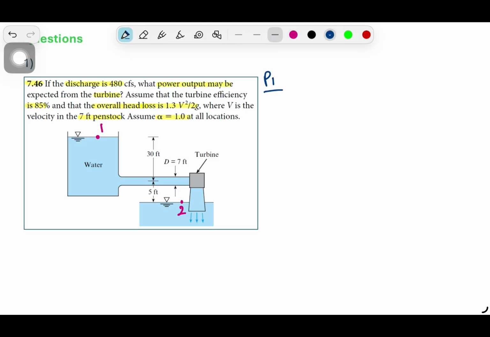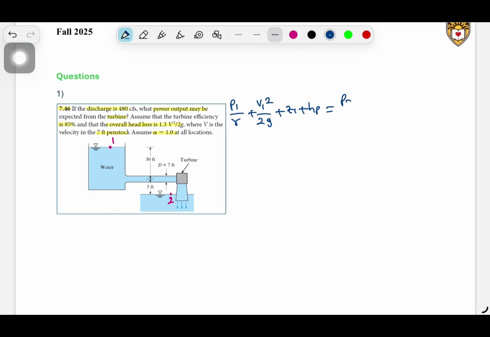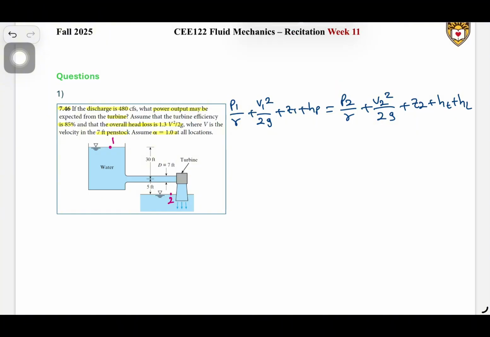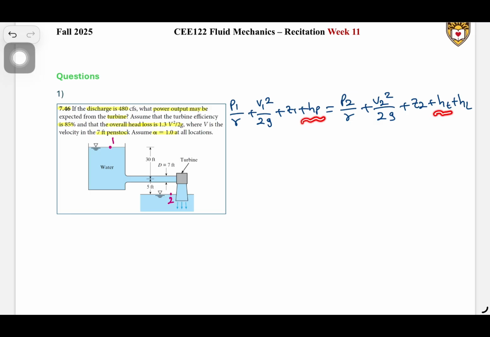So let me write the energy equation. We have everything the same in these terms, and additionally we have pump, we have turbine, and we have head loss.